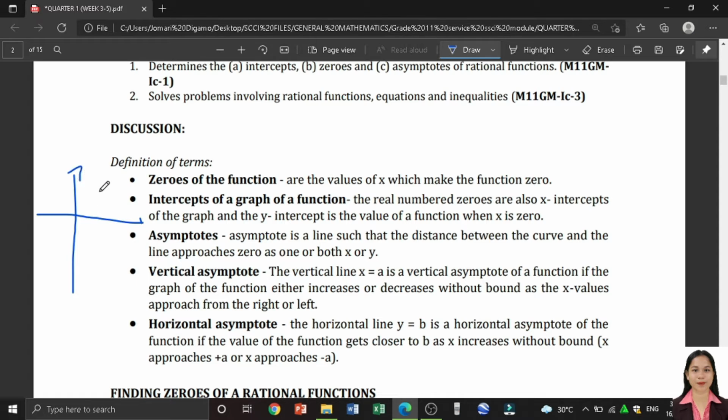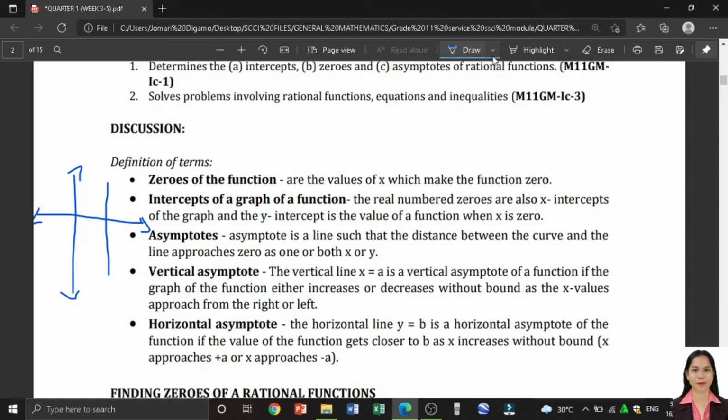The vertical asymptote is the line x is equal to a. So, this one is the vertical asymptote. They cross across the x-axis, or they intersect the x-axis. Okay? And we have the horizontal asymptote. Sila naman yung nag-intersect sa y-axis.